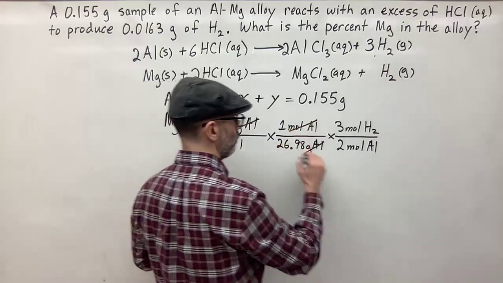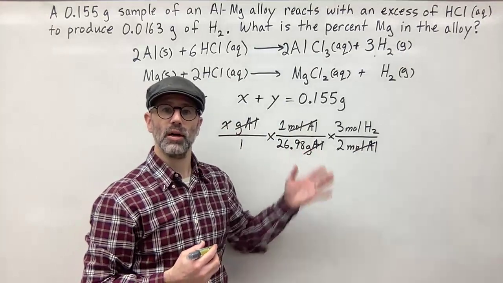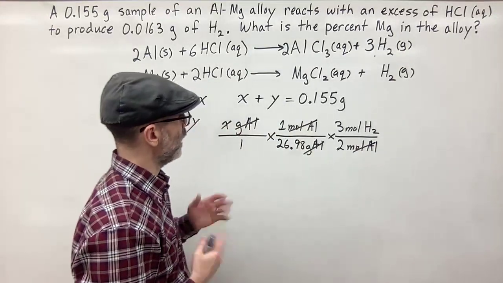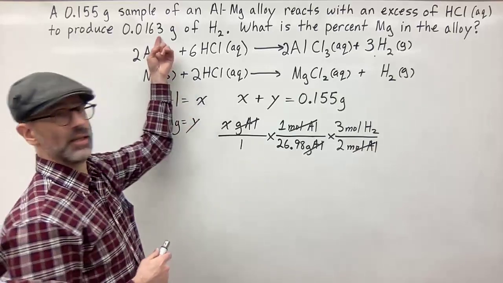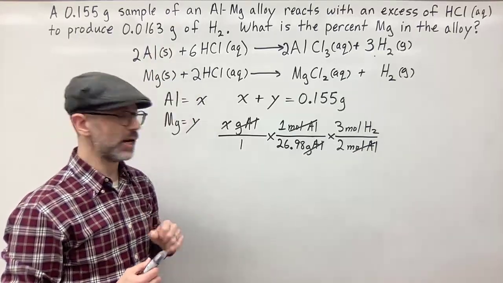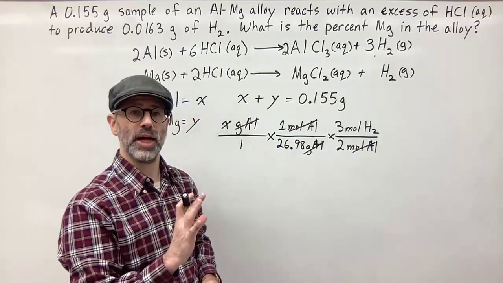So moles of aluminum cancel out, and now I have moles of hydrogen gas. But I don't want moles of hydrogen gas, I want grams, because they're giving me the amount of hydrogen gas in grams. So I'm done with the second part of the stoichiometry problem.